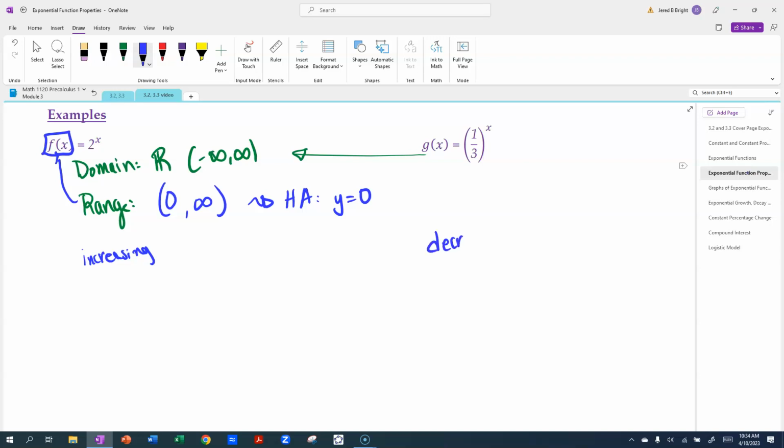This one was decreasing. Okay. And so what do I notice about increasing and the connection to the function, and decreasing and the connection to the function? Well, when b is greater than 1, it's going to be increasing. But then if b is a fraction between 0 and 1, then it's going to be decreasing.